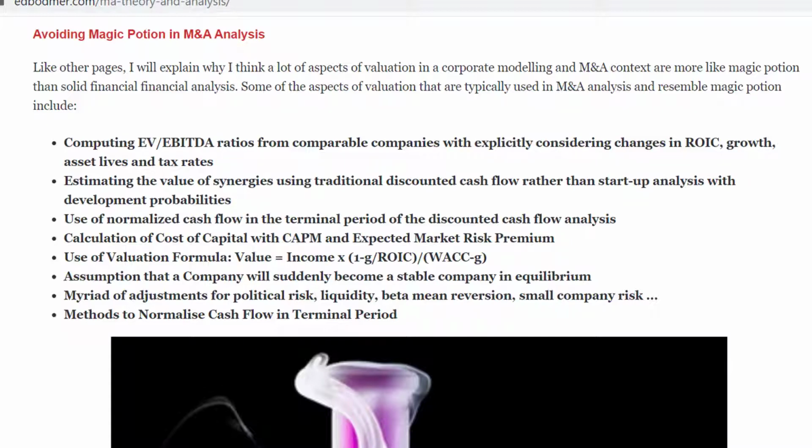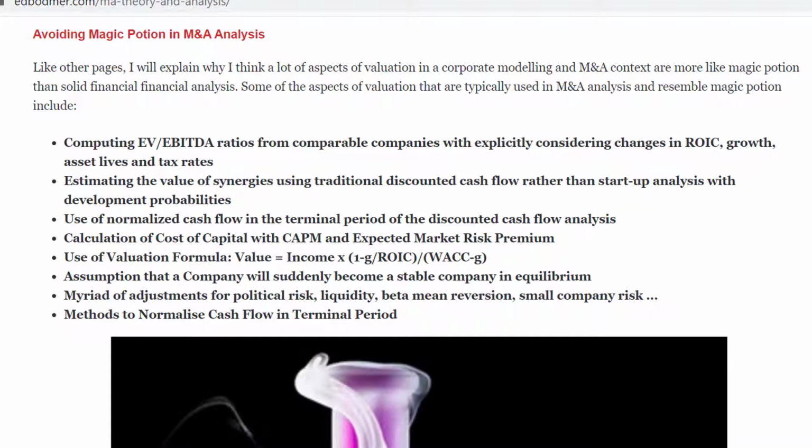If you calculate CAPM with a 5.5% or 6% risk premium, it's nuts. If you just apply the wonderful growth rate method, (1 minus g) over ROIC, divided by WACC minus g, without adjusting it and using a little bit of interpolation, you're going to get a crazy answer.